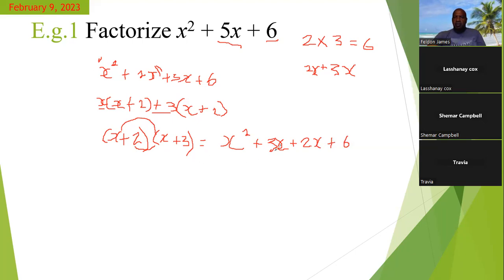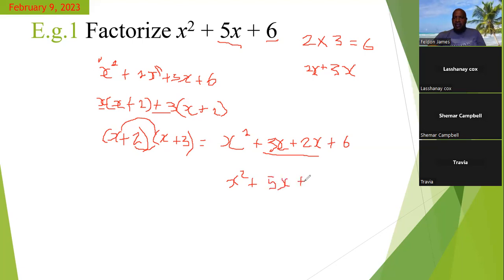Now, when we reach this stage, what we generally do is add the like terms in the middle. And then we would get 5x plus 6.